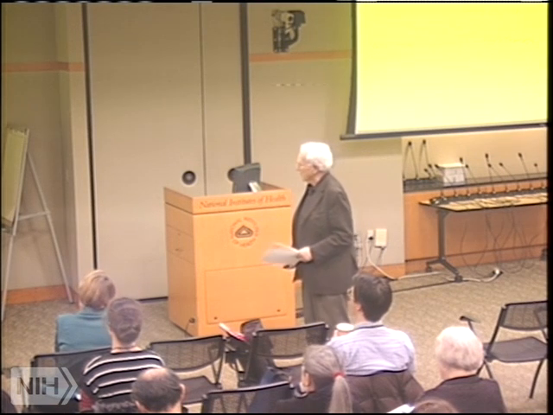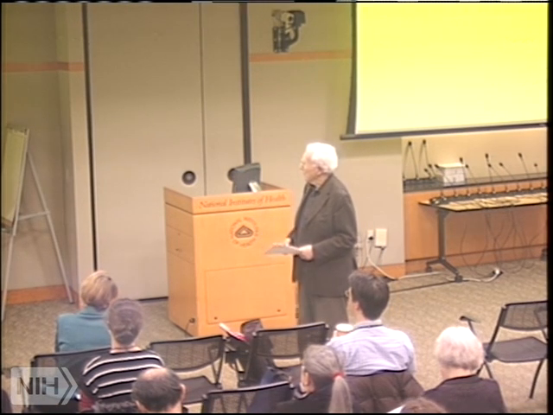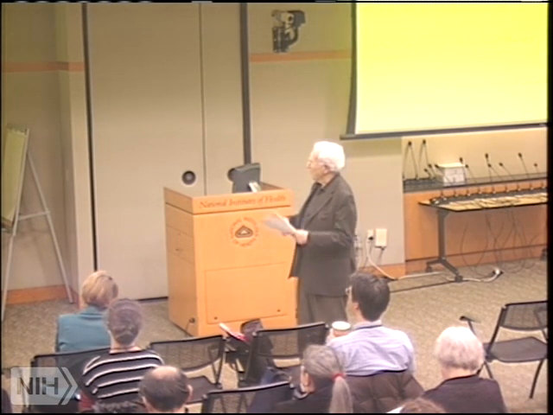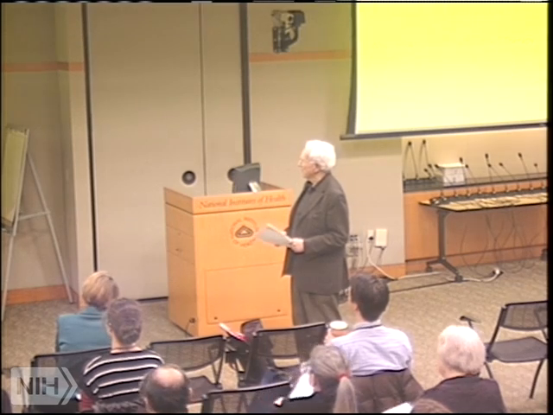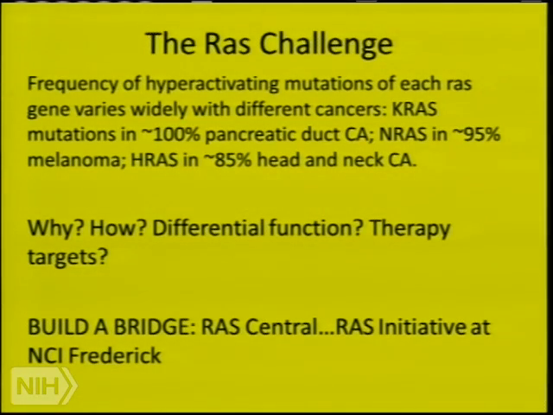Now, it's interesting, and this is the challenge. The frequency of hyperactivated mutations of each of these RAS genes occurs in different distributions with different cancers. In some, like pancreatic cancer, Kirsten RAS is overactive, is overexpressed, is mutated in almost 100% of the patients, and others. We'll hear more about this.